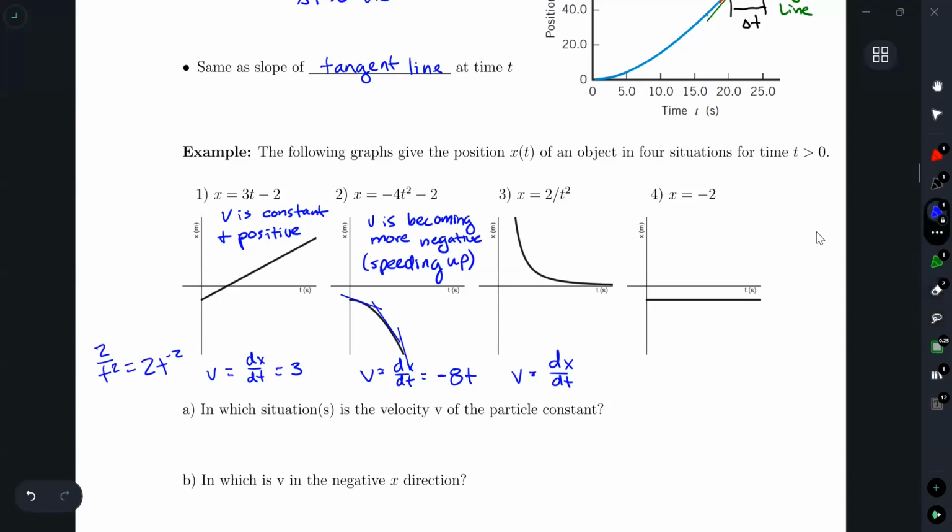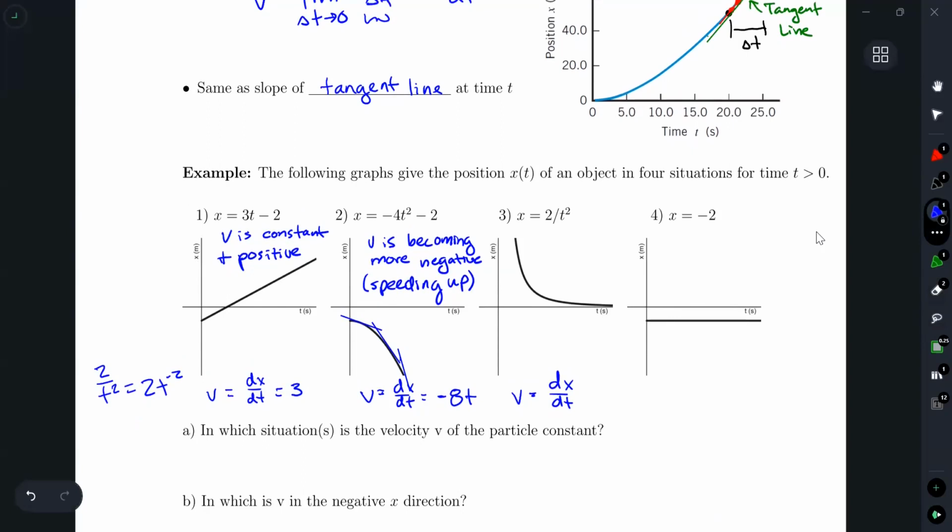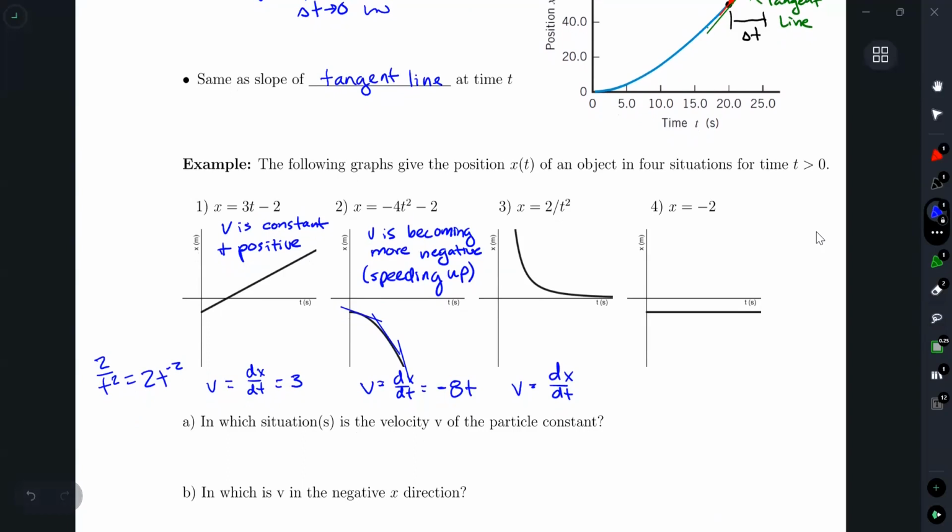Anyone else have an answer on that? Negative 4 over t is the derivative. All right, still not quite. Is t cubed, because you subtract one, right?